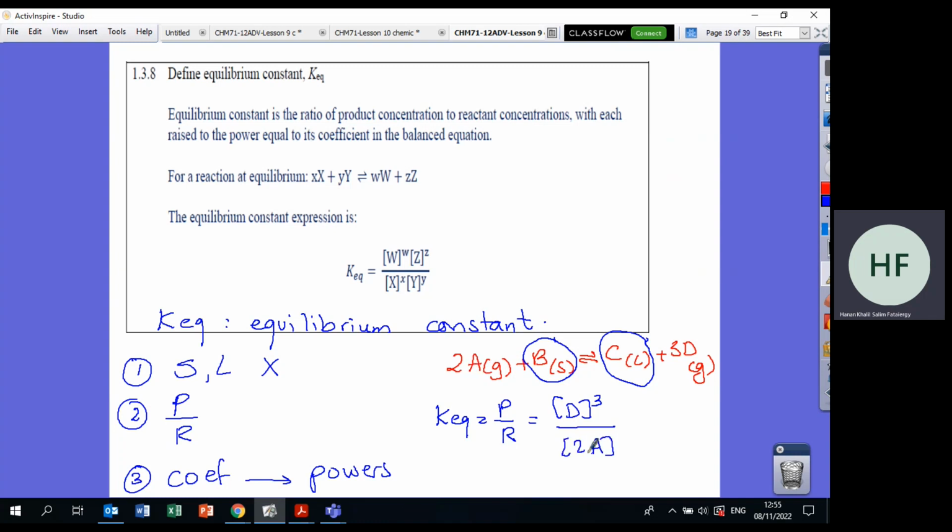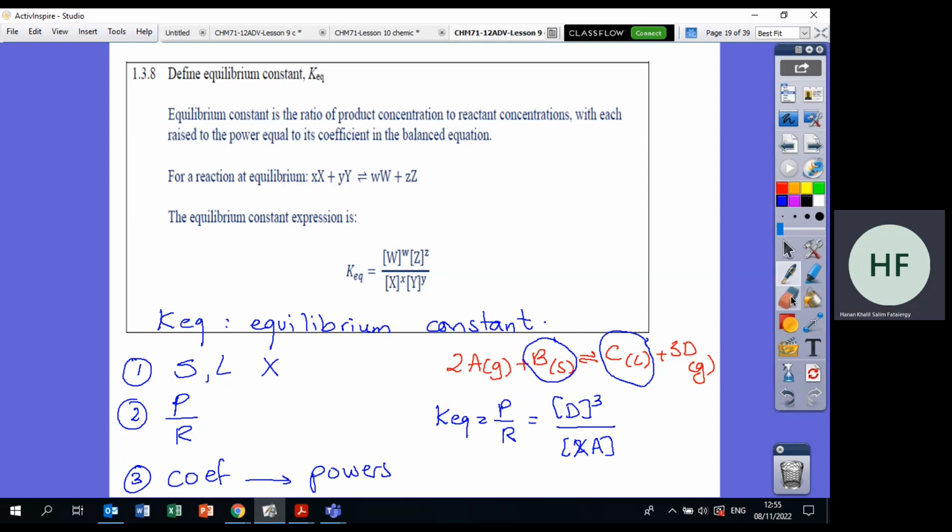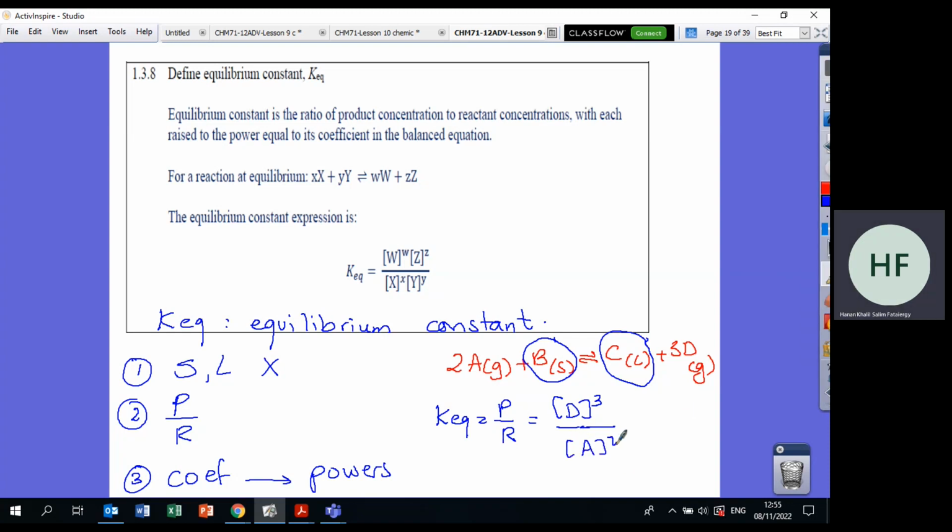If you write 2A, this is wrong. 2 is the coefficient, it becomes a power, so it will be A square. Now if I gave you the concentration of D and the concentration of A, you can put the numbers and calculate KEQ in numbers.